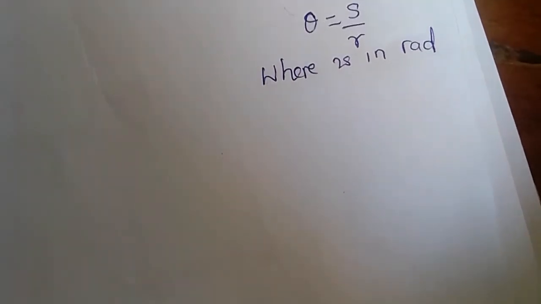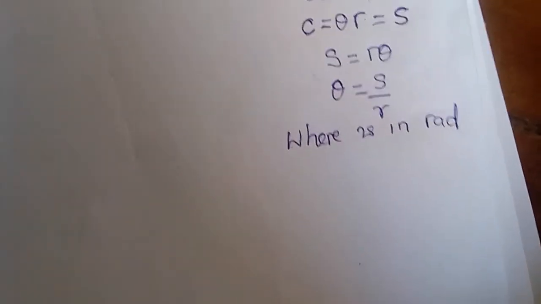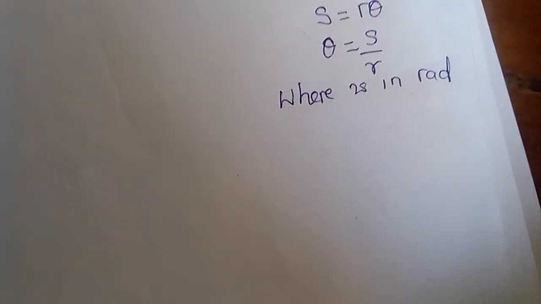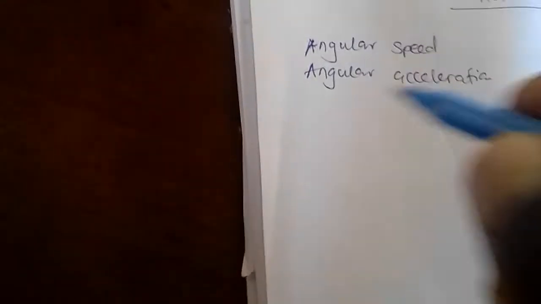In case we've not been given the angle in radians, but we've been given the angle in degrees, then we have to figure out how we are going to move from one unit to the other. So, from what I've just been explaining, 360 degrees is equivalent to 2 pi radians.